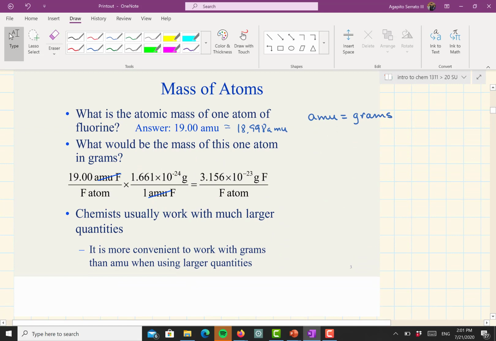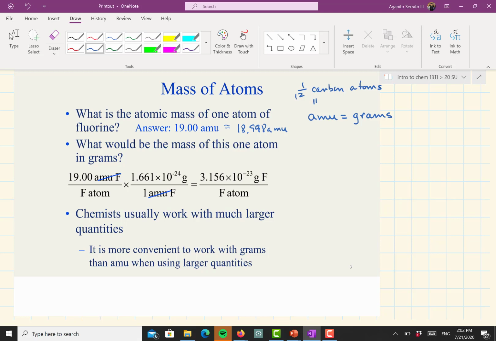So now we're going to take it from this arbitrary unit of AMU, which, remember, we defined as equal to 1/12 of a carbon atom, and then we can readily convert that into something we work with on a much more frequent basis, which is mass in grams.